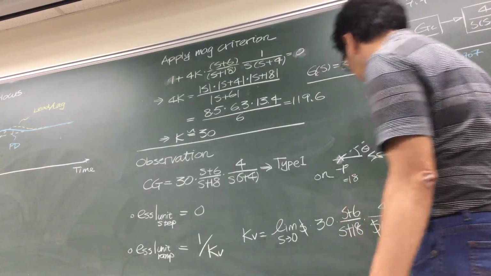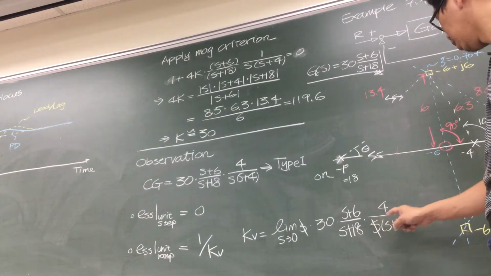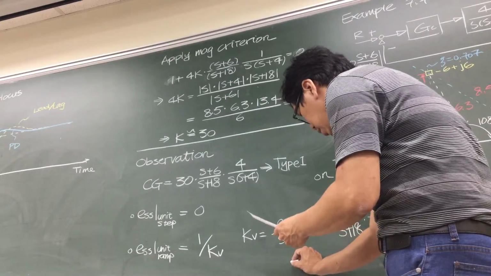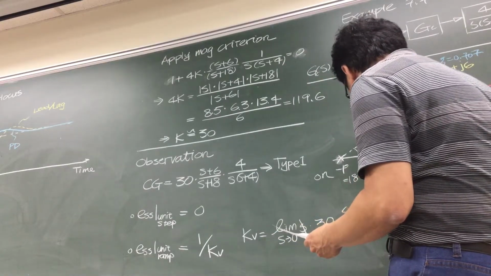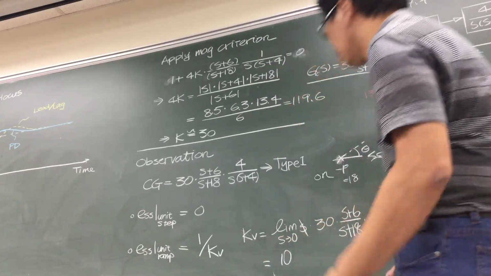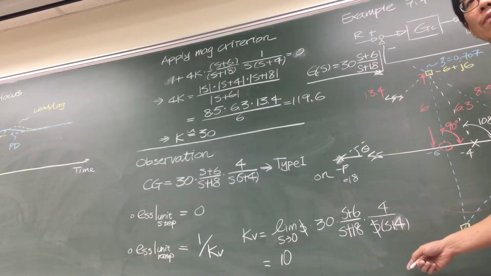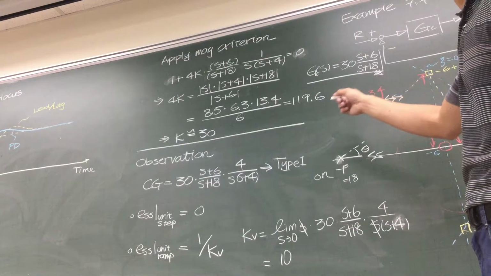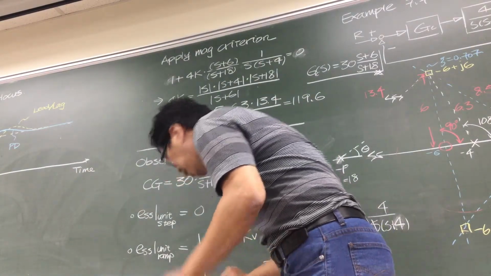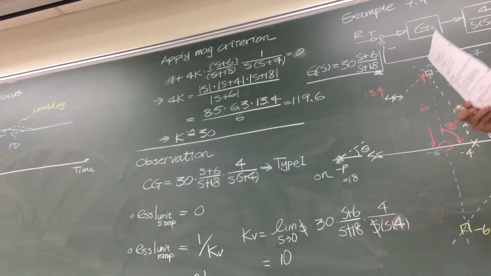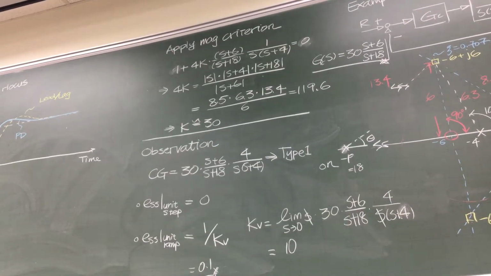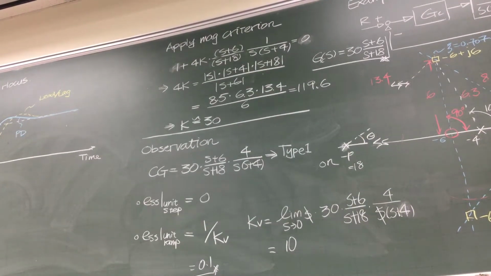Cancel these parts. So this is 1/3 and this is 0.4. Sorry, this is 4. So this one over here is going to be 10. So if you are having your unit ramp with the controller we have over here, this would be the error for unit step, unit ramp. Any question?